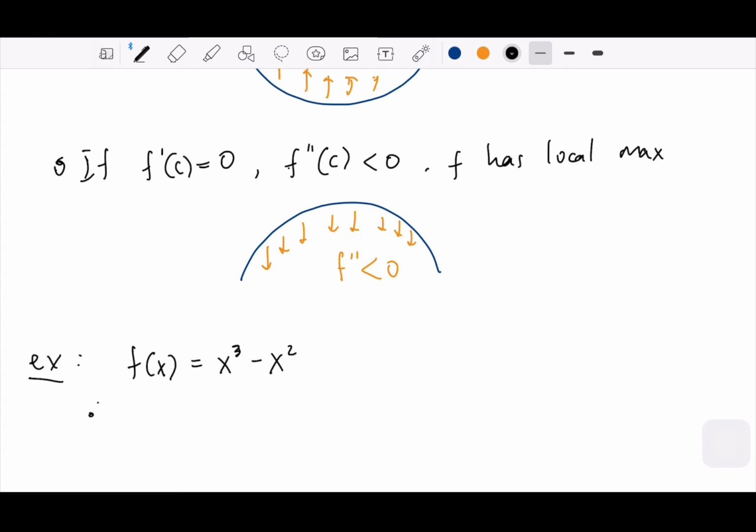So probably the questions are: find the max and min values. Find concavity, which means finding when it's going to be upwards, downwards, and find the inflection point.